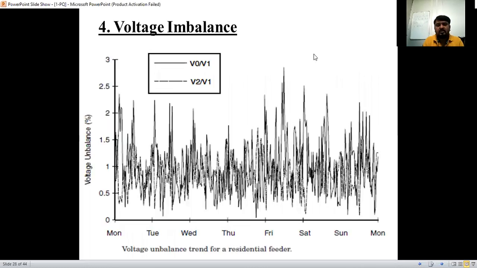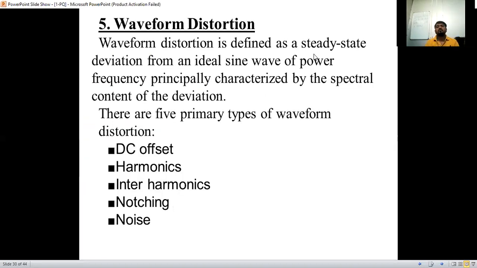Today we are going to discuss waveform distortion. Normally we get sinusoidal waveforms for voltage and current. If any DC component is present, we call that DC offset.